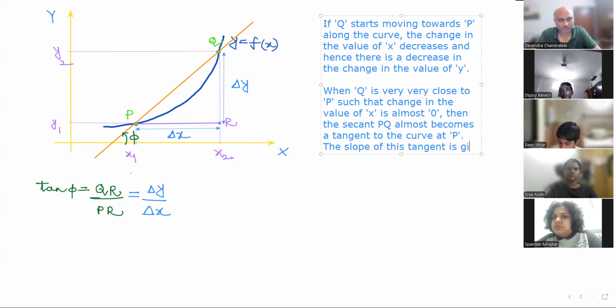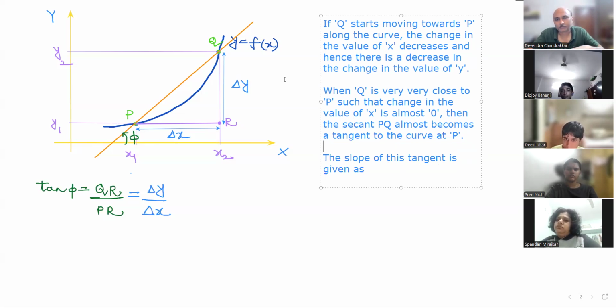is given as, first of all, read each statement. There are two here. If Q starts moving, the first statement, are you all clear about it, or do you want me to explain it? Okay, I will explain. When Q closes on to P, can you see this?